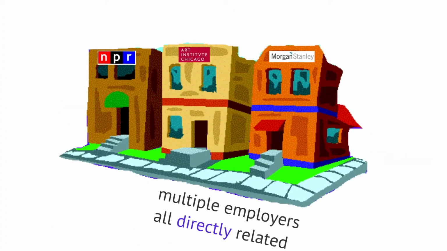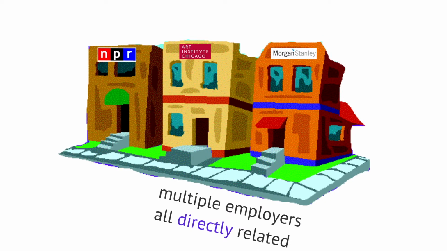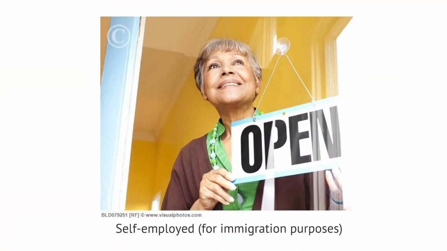You can have multiple employers, as I mentioned. This person's working for NPR, the Art Institute, and Morgan Stanley. You can decide what their job is, but again, they all have to be directly related to the field of study. You can be self-employed, so you can start your own business or consulting company.